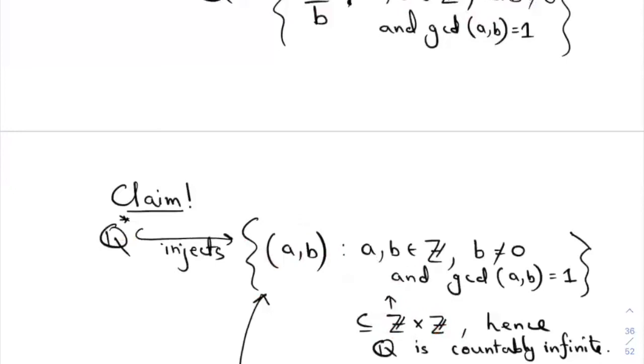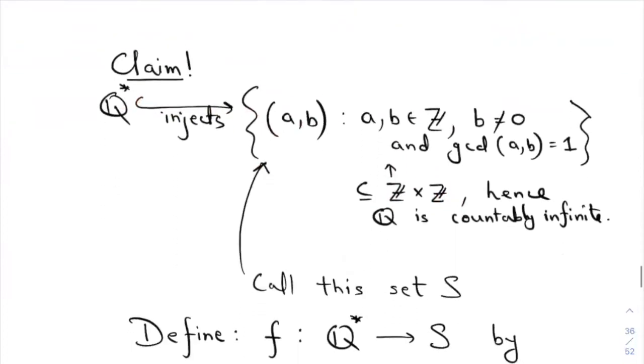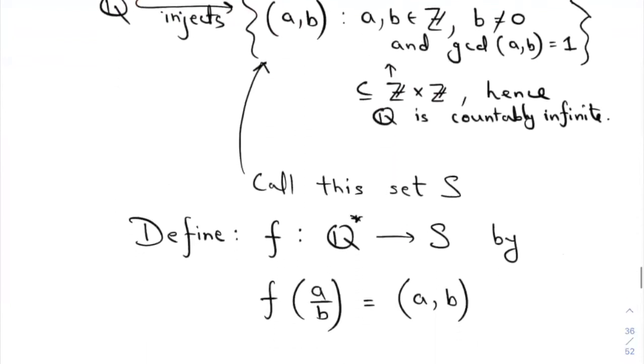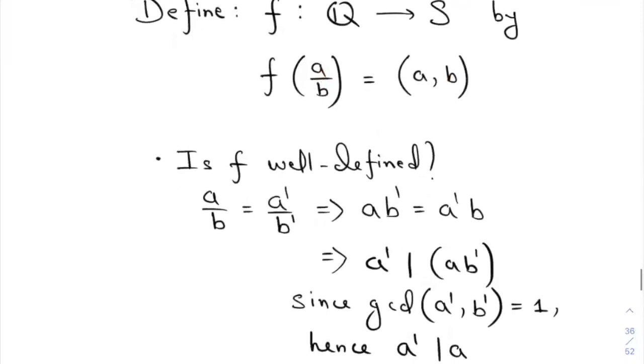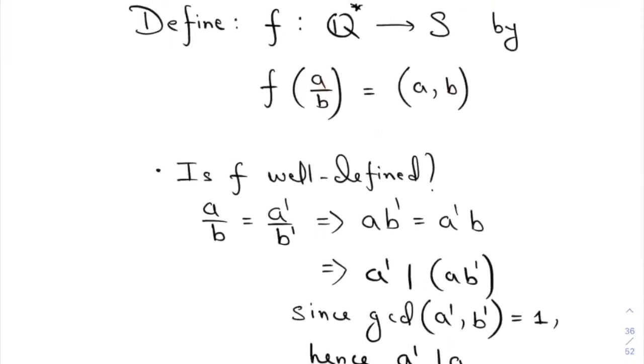Basically, the point is that Q is injecting into a countable set, and being injective into a countable set means that it is countable, as we have argued before. So all you have to do is show that this map sending A over B to A comma B is injective, not even bijective.